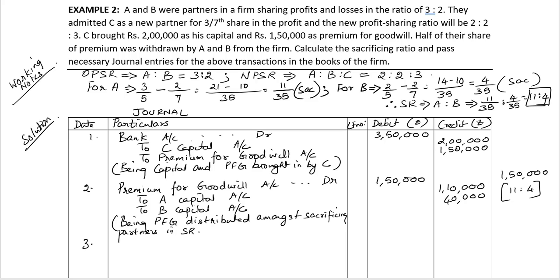The final journal entry. A and B withdraw half of their share of premium for goodwill. A capital account debit, B capital account debit, to bank account.